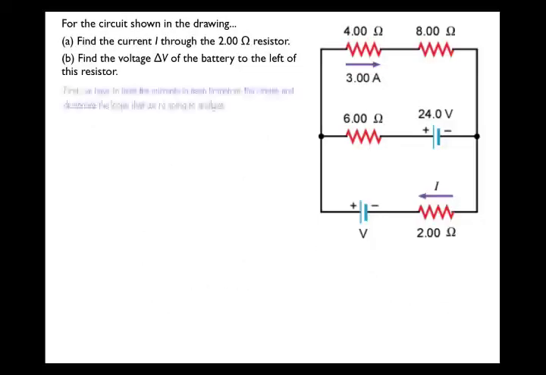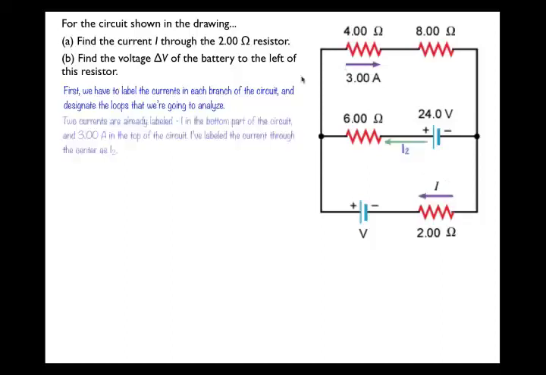In this circuit, my first step is to label the currents in each branch of the circuit and to designate the loops that I'm going to analyze. Of course, 2 of these currents, I and this 3 amp current, are already labeled for us. So I'm going to only label a current that's going through this middle branch of the circuit. I'm going to call that I2.